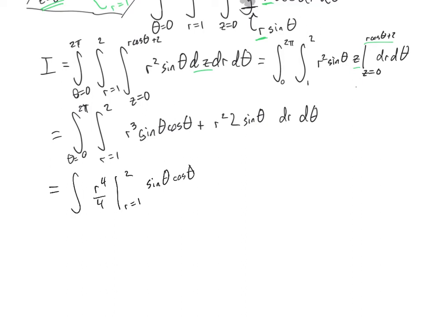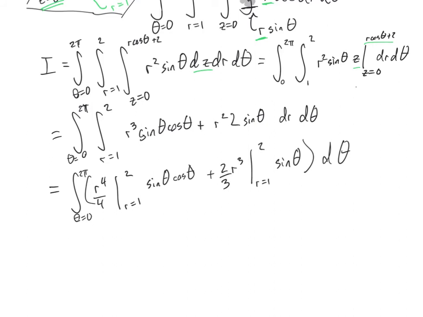And let's leave the theta integral here. Plus r cubed times 2 thirds, r being evaluated from 1 to 2, sine theta, and all of that is still d theta.